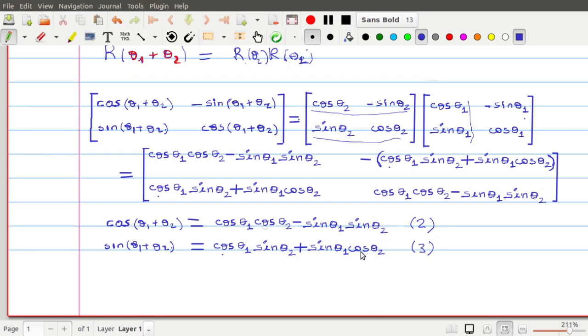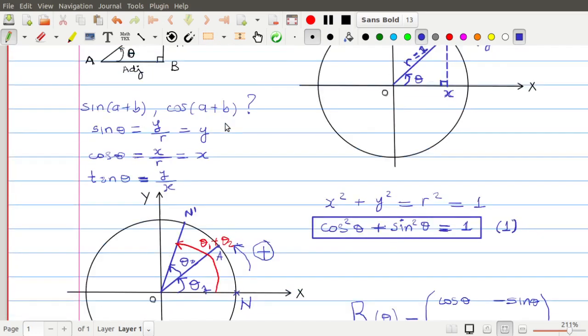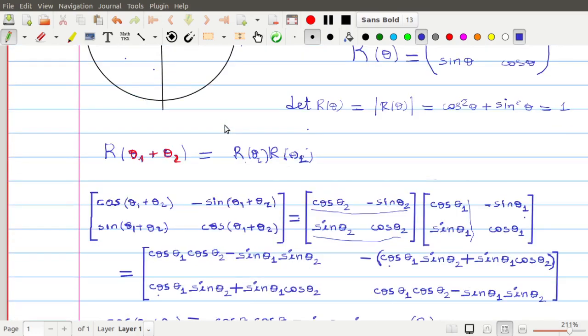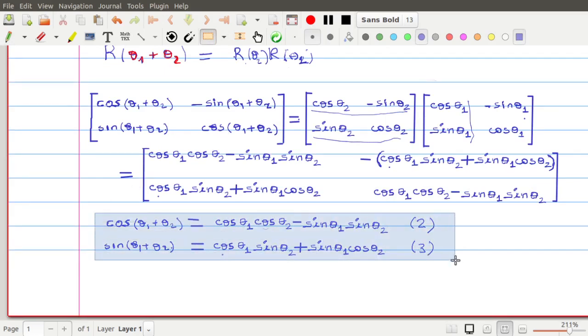So what do we need now? We can compute the double angle, for instance. If you want to compute the double angle, let us copy this and move to the next slide.